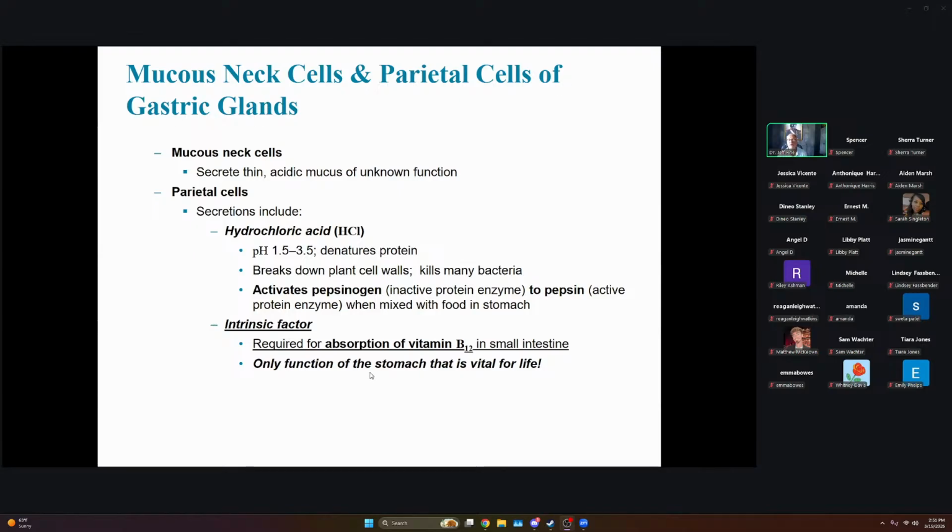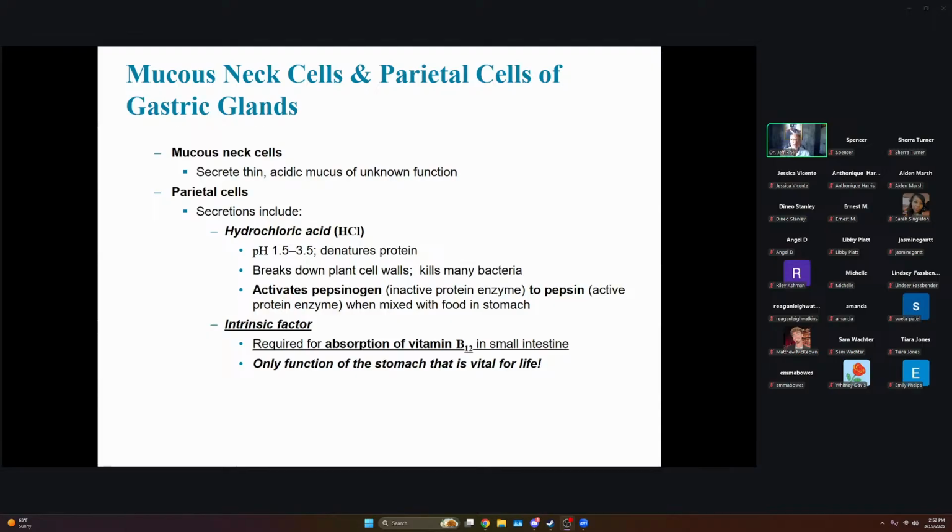This is the only function that the stomach produces that is absolutely essential for our very survival, okay? Because vitamin B12 is an extremely vital vitamin to our existence, because vitamin B12 is the major vitamin responsible for erythropoiesis. Remember back when we talked about blood, and erythropoiesis is the creation of new red blood cells, erythrocytes?